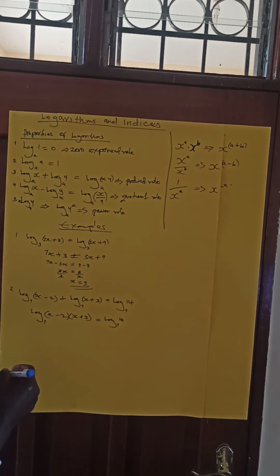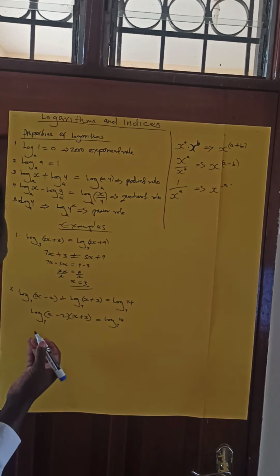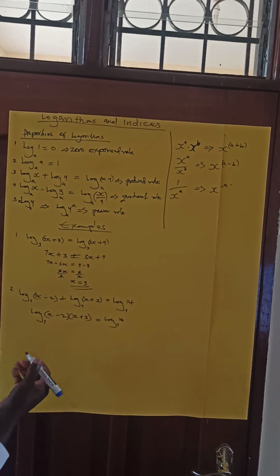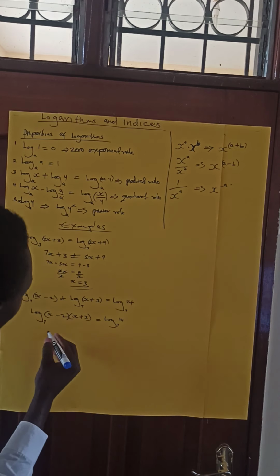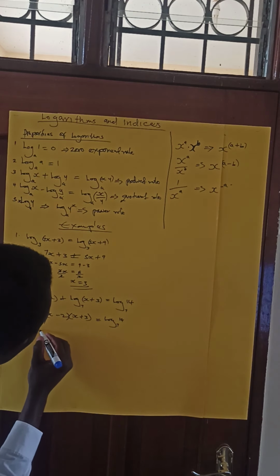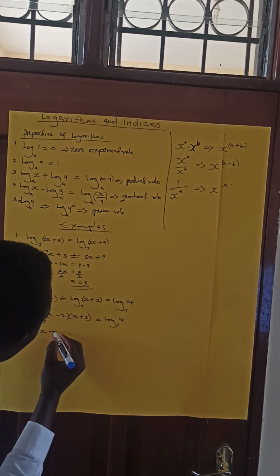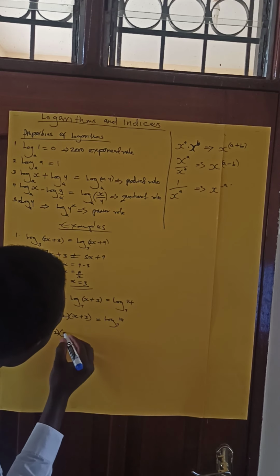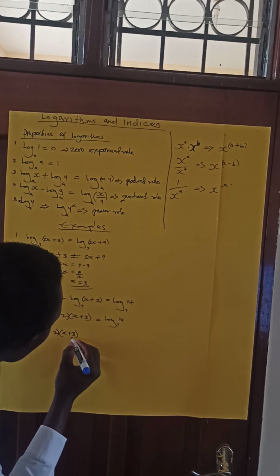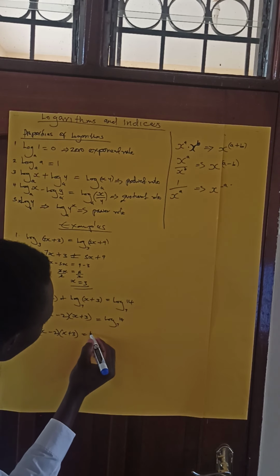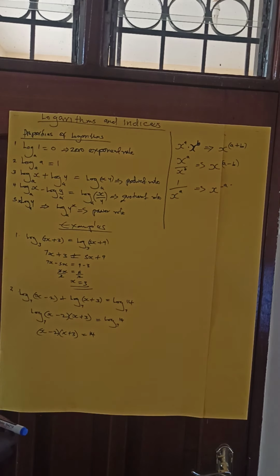Then we can now drop the logs, and we will be left with x minus 2 times x plus 3 is equal to 14. Then we open the bracket.